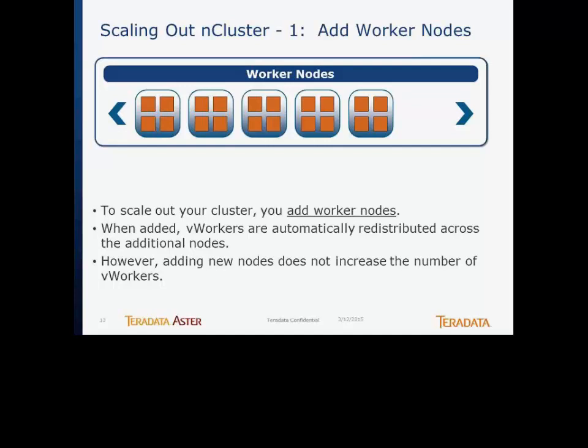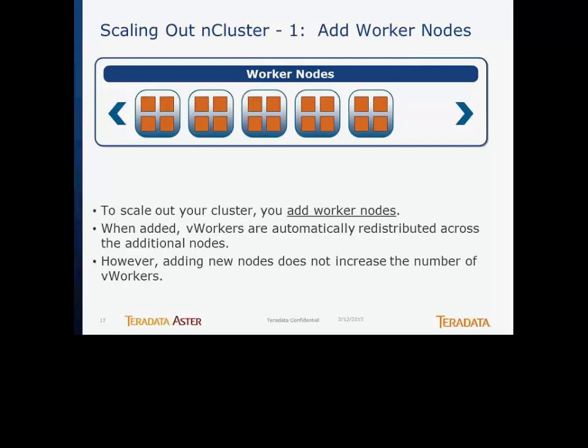Absolutely, yeah. So you plan and start with a set of worker nodes. And as our planning or forecasting may not be adequate a couple of years from now, as your data continues to grow, you may need to add more physical workers. So you just add a worker node. It can be done both in appliance or commodity style hardware.